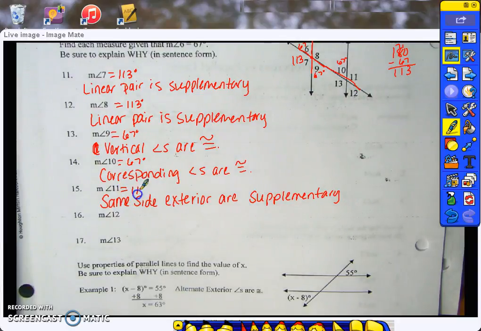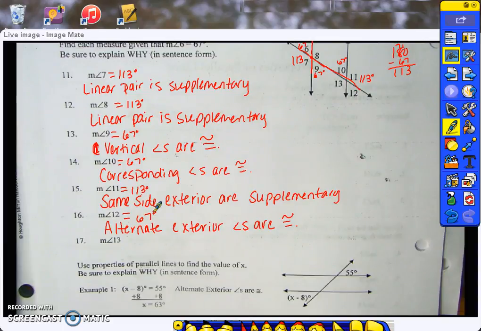Angle 11 is 113 degrees. 6 and 12 are on opposite sides of the transversal and outside the parallel lines, which means they are alternate exterior angles. And alternate exterior angles are congruent, so that means 12 is 67 degrees.